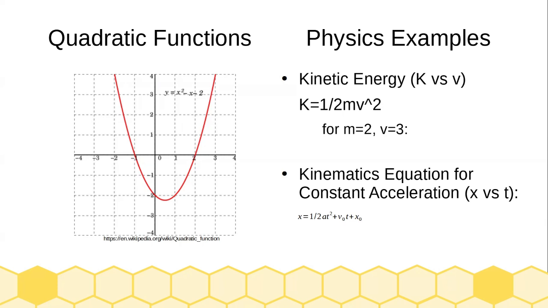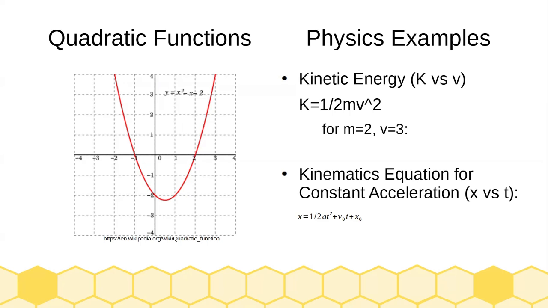But if you don't, you can just go on Google or your calculator or Wolfram Alpha and type it in, and it will put out the answer for you. But an example of a quadratic function in physics is kinetic energy, where kinetic energy is related to the speed squared.